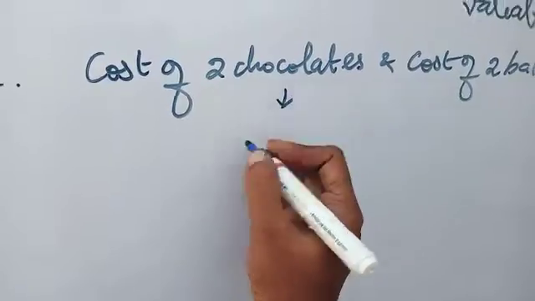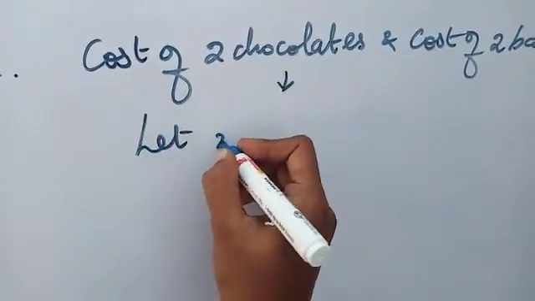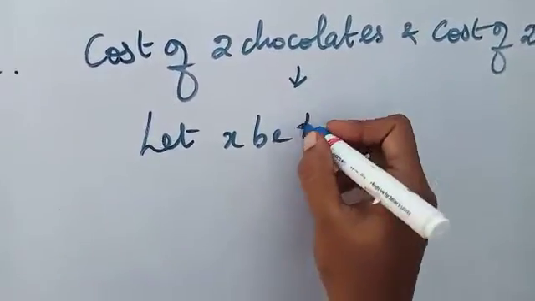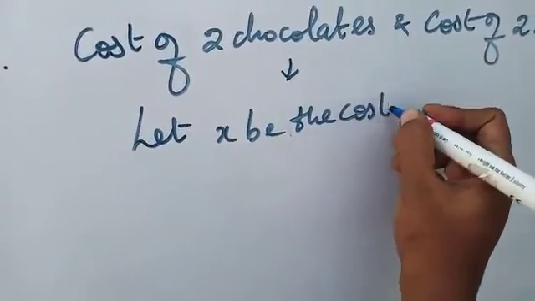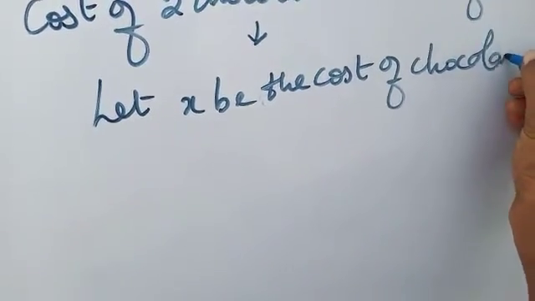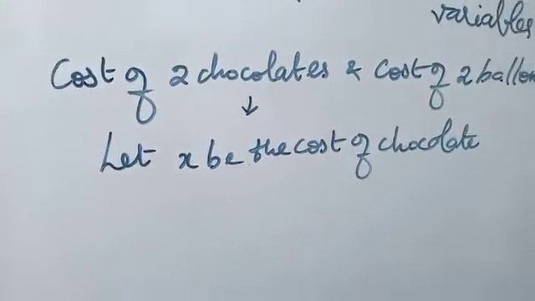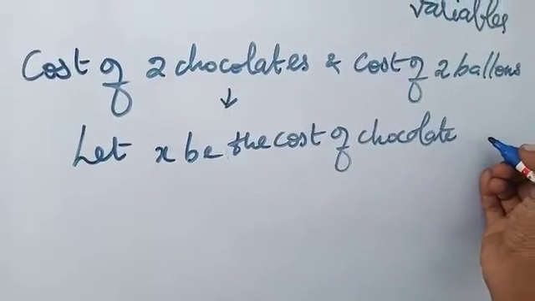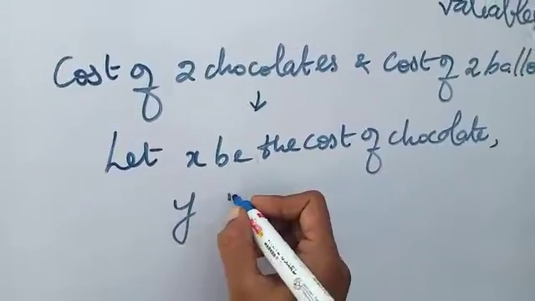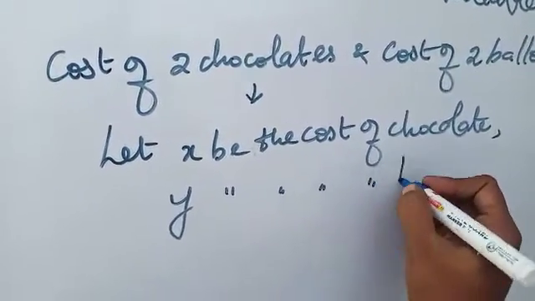For example, let x be the cost of one chocolate, and y be the cost of a balloon.